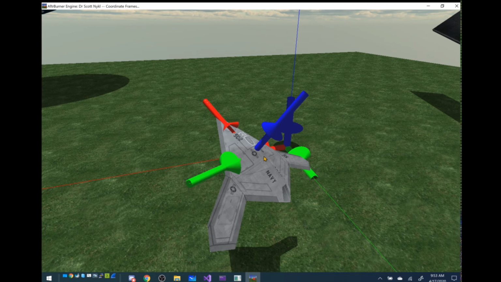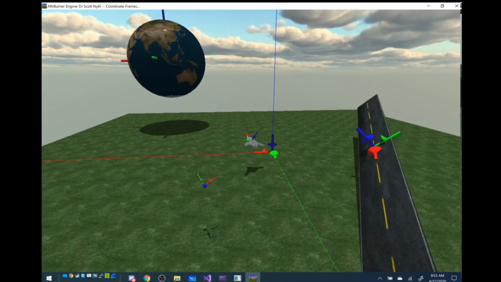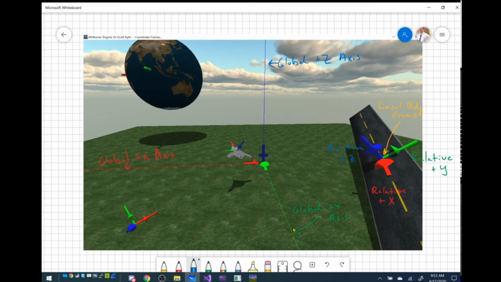So, looking at this virtual world, let's define what we're actually looking at. Here we can see that we have our global axes. We have our global x-axis, our global y-axis, and our global z-axis right here.